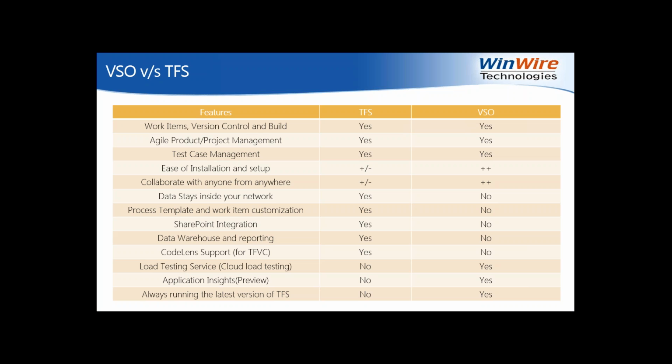There is no SharePoint integration, and a few things have not changed, like in this chart, which are still there in both TFS as well as Visual Studio Online. So now let's have a very quick demo of the changes.